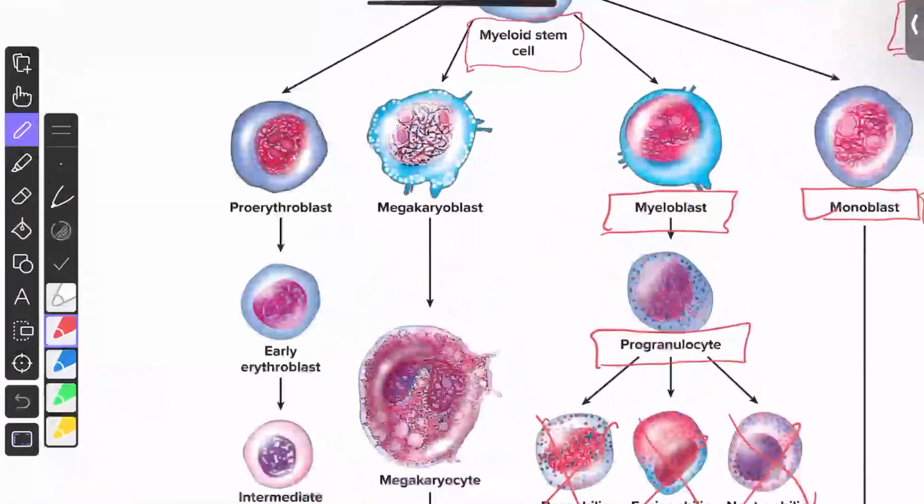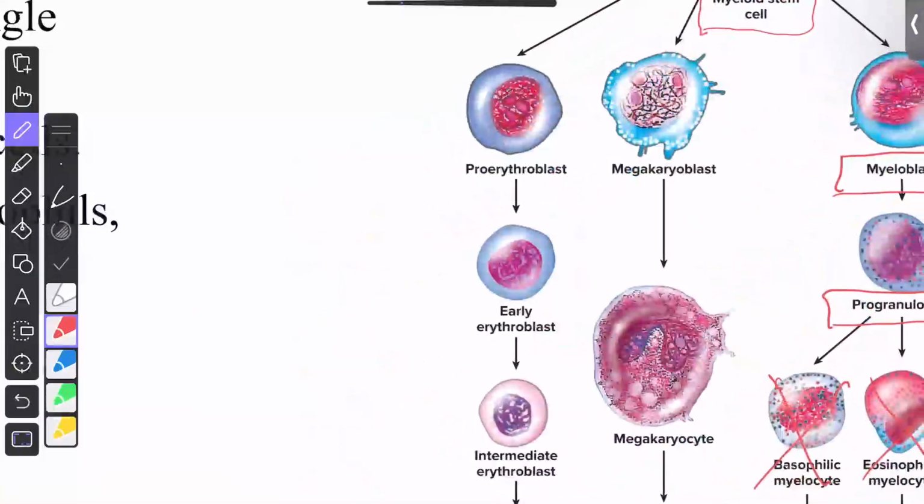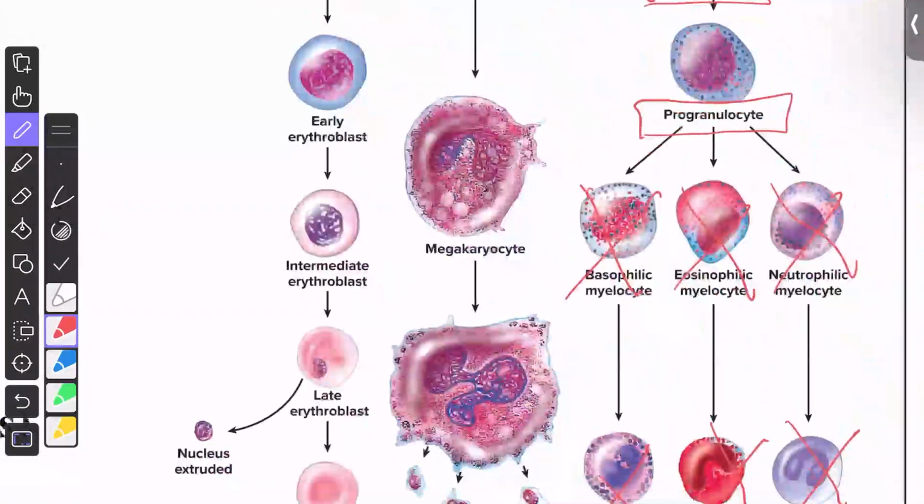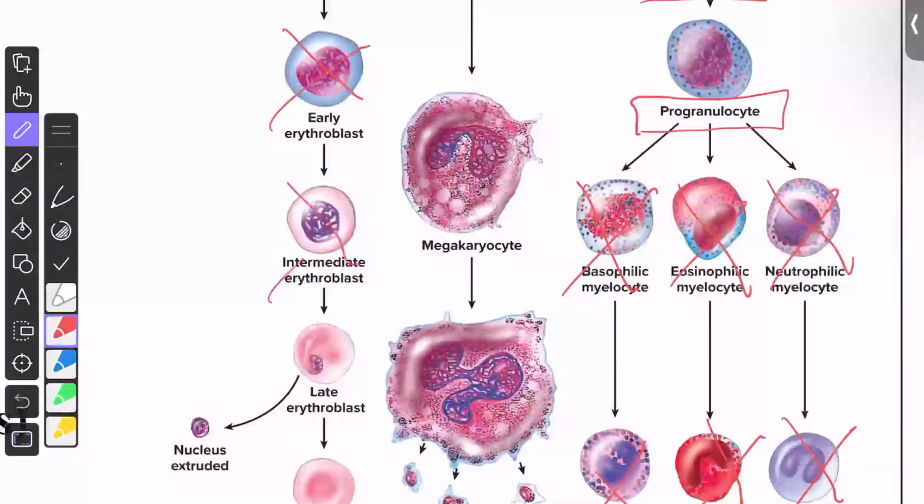All right, moving over here. We're going to skip him because he's my favorite and I like to do him last. Proerythroblast. Guess what it's going to become? A red blood cell. We're going to skip early. We're going to skip intermediate. We're going to skip late. We're going to ignore the extrusion of the nucleus.